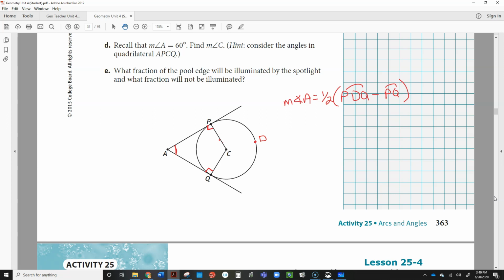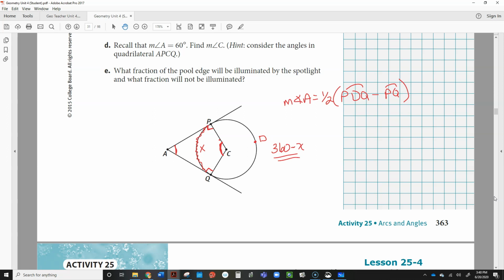And so we also know that with this drawing right here, this is a central angle, and this central angle is equal to this arc. So if we happen to figure out what the measure of angle C is, we would then know what the measure of that arc is. If we know the measure of this arc, we can calculate the measure of this arc because there's only two arcs in this picture. So whatever this one is, this one over here is going to be 360 minus that one.